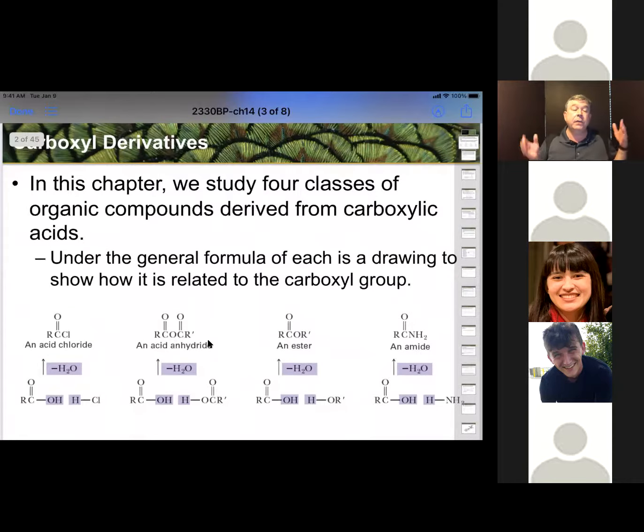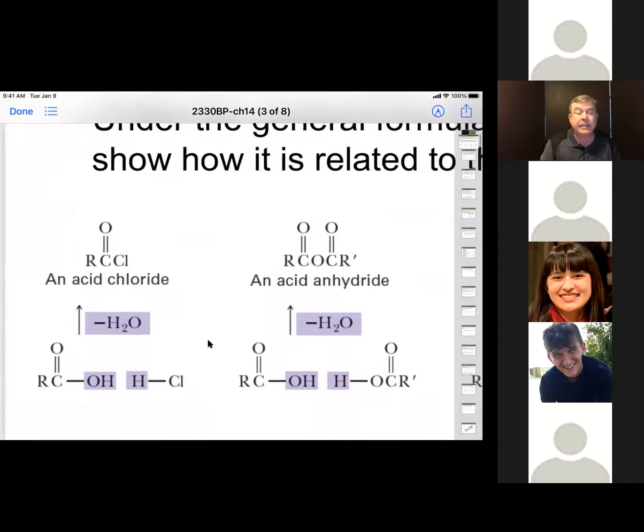One of the things that you can always look at is, okay, all of the carboxylic acid derivatives are basically reacting something with something and removing water, okay? So they can all be kind of described as this. It's not necessarily how we make them, but it's how they can be described. So the most reactive of the set is what we call the acid chloride.